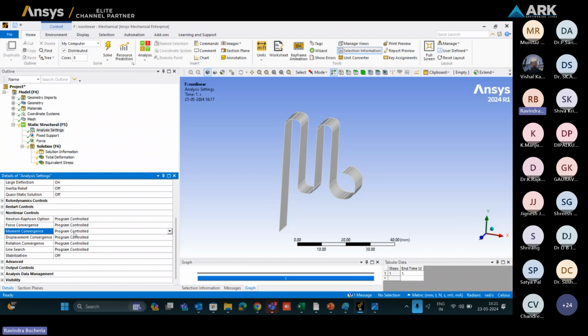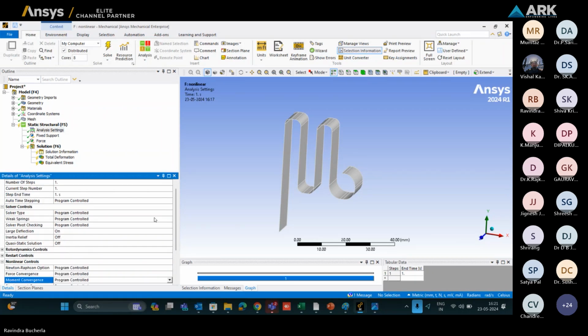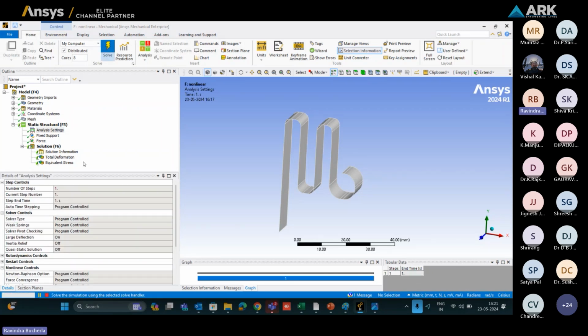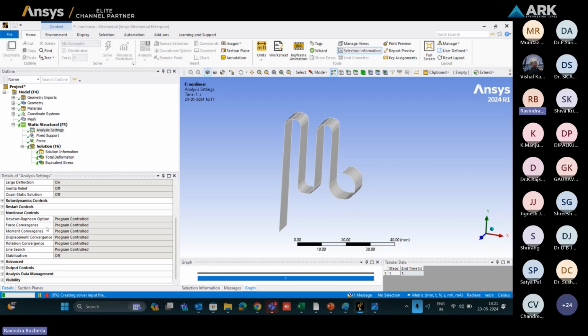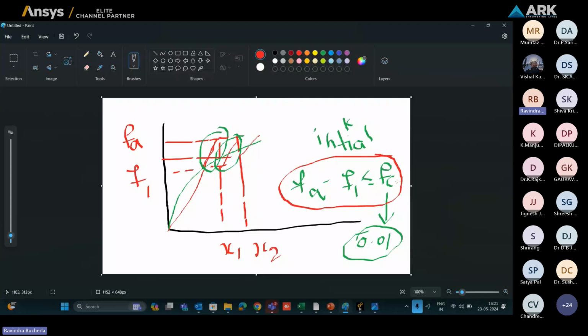Similarly, the moment convergence will be there, and you can also mention the reference value, tolerance, like that. You can go program controlled. If you give a larger criteria value, if you increase the value, you will not get good results.